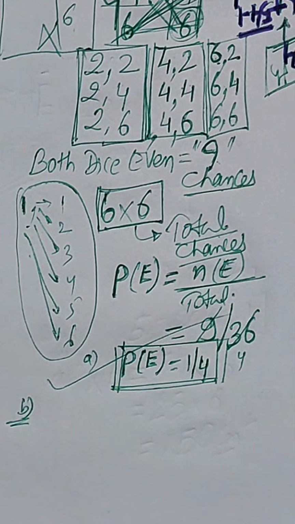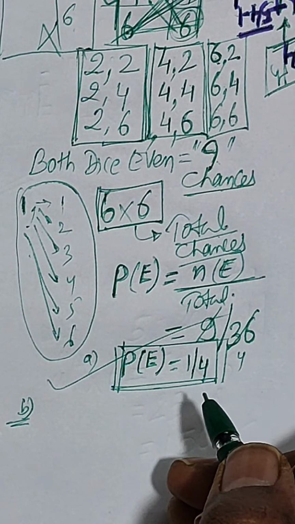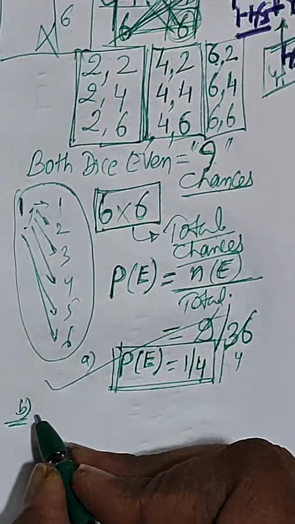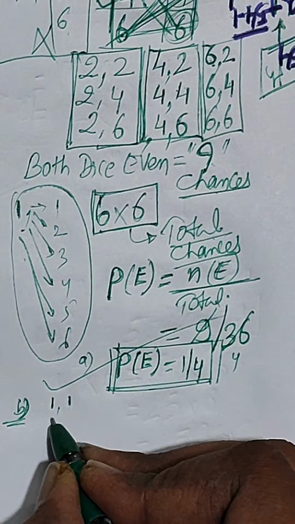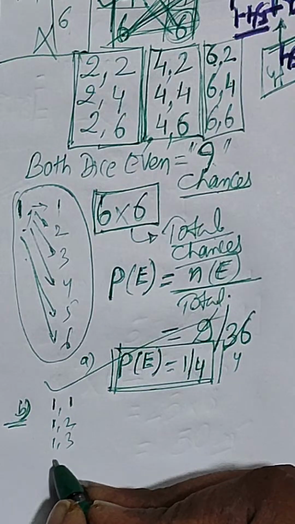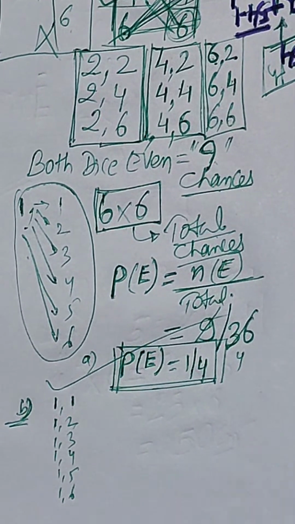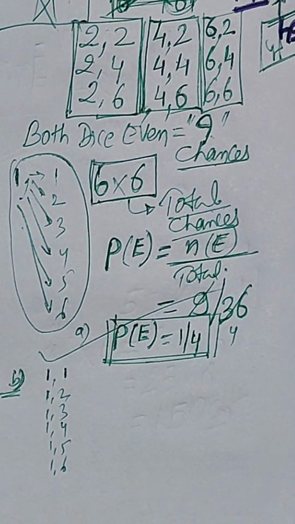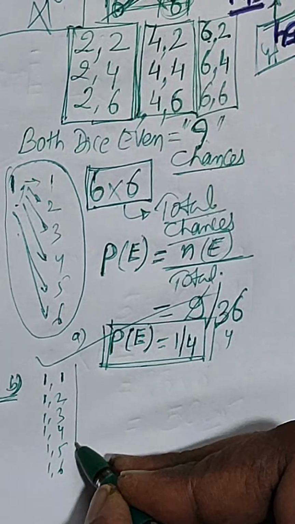When the sum is more than 9. So my dear friend, it can be 1 1, 1 2, 1 3, 1 4, 1 5, 1 6. I'm just trying to explain to you from basic scratch. This can be the option.